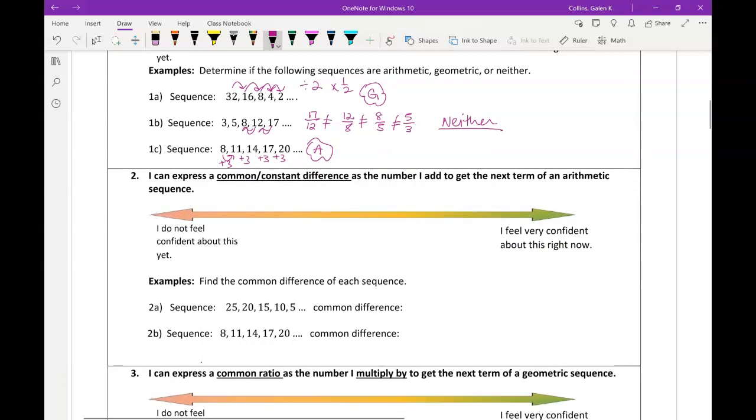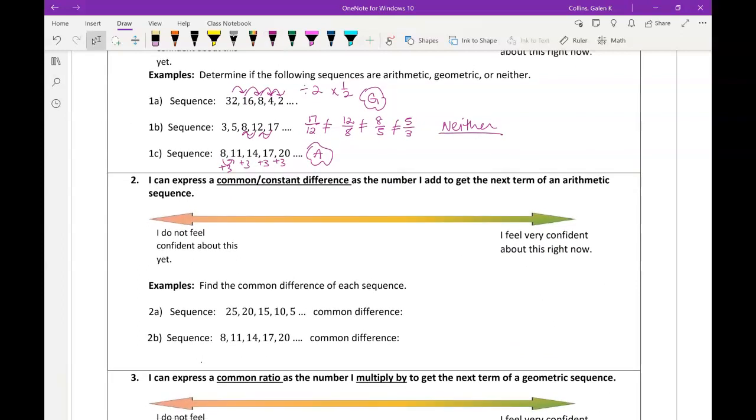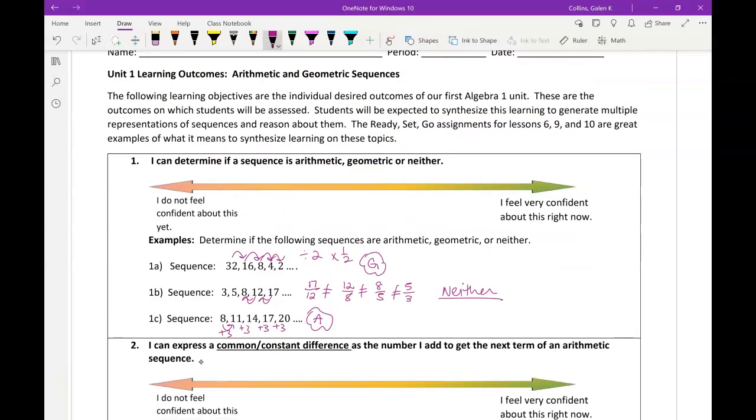All right, so we kind of just talked about how to do this next thing. Oh, and you know what? I'm feeling very confident about this right now. So I'm going to indicate on this continuum that I feel good about this, and this is a skill that I probably don't need additional practice with.